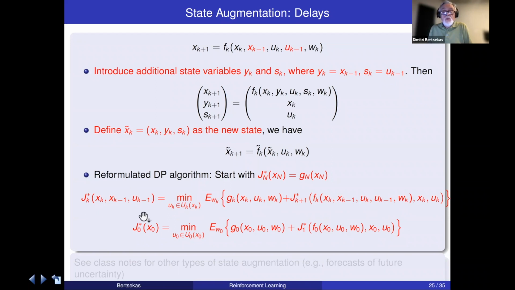And of course, you need to carry, in the exact dynamic programming algorithm, or in an approximate version, a bigger function that involves dependence on 3 state variables. So you carry this backwards, starting from the terminal condition, and you go backwards and you reach the initial state. And that's the dynamic programming algorithm that you can use exactly, or more likely with approximation.